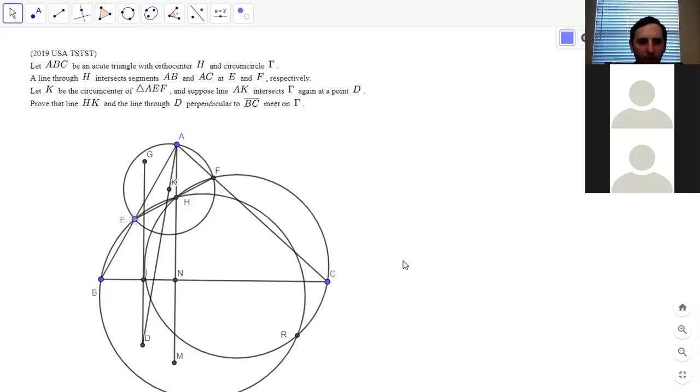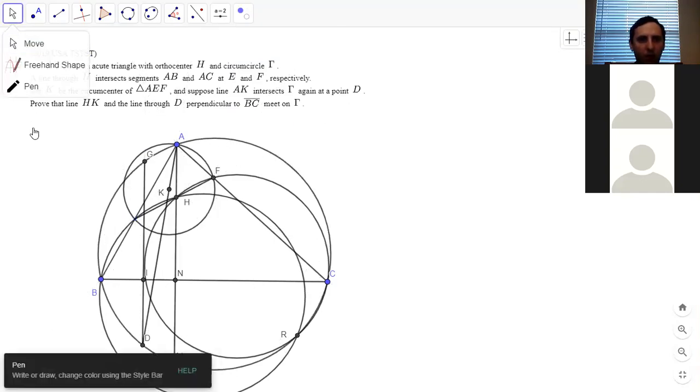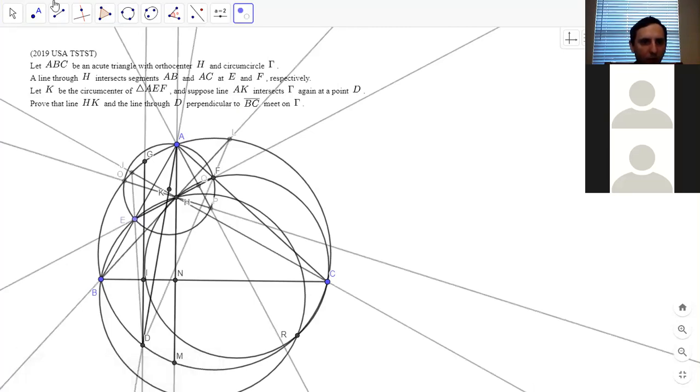Okay. So we have angle BRC is equal to angle BRH plus angle CRH, equal to angle AEF plus angle AFE, and that's 180 minus angle A. So then we know R lies on that circle. Yes. Okay, and you can draw the circle.